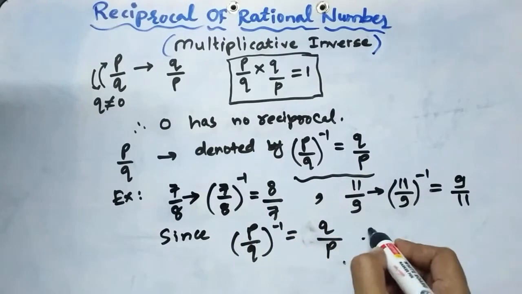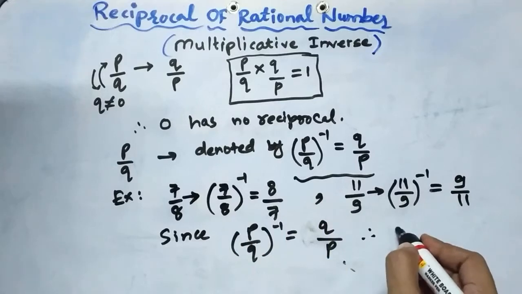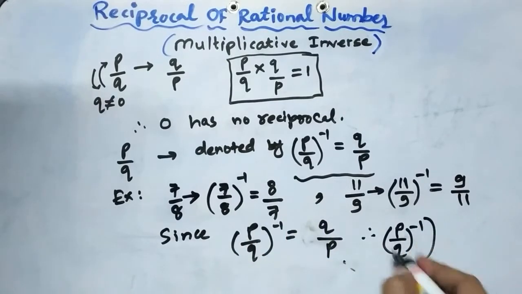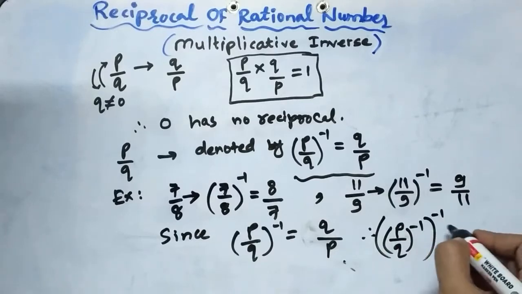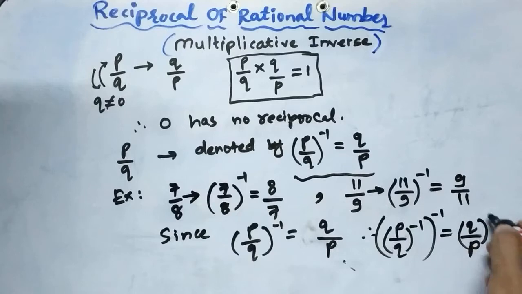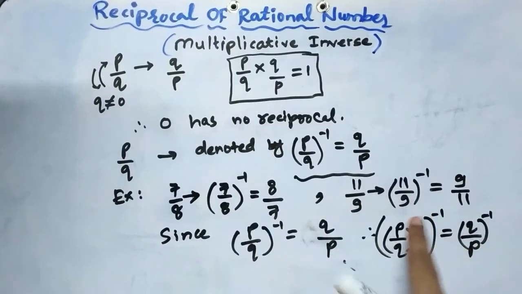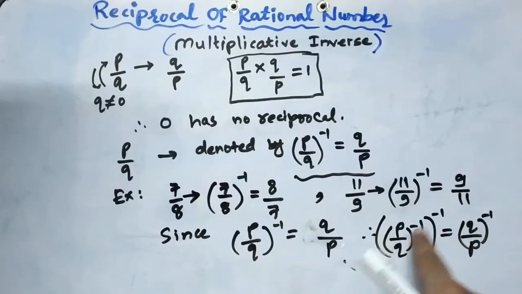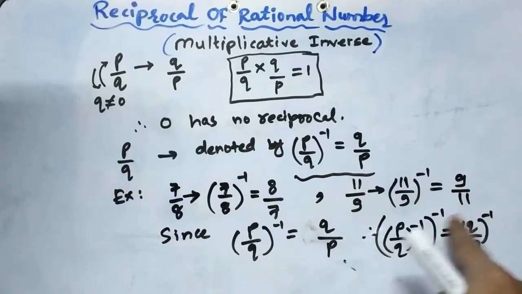Now if you take one more reciprocal, you will get q by p to the power of minus 1. Why? Because first, inside, p by q to the power of minus 1 is nothing but q by p, and then we take q by p to the power of minus 1.